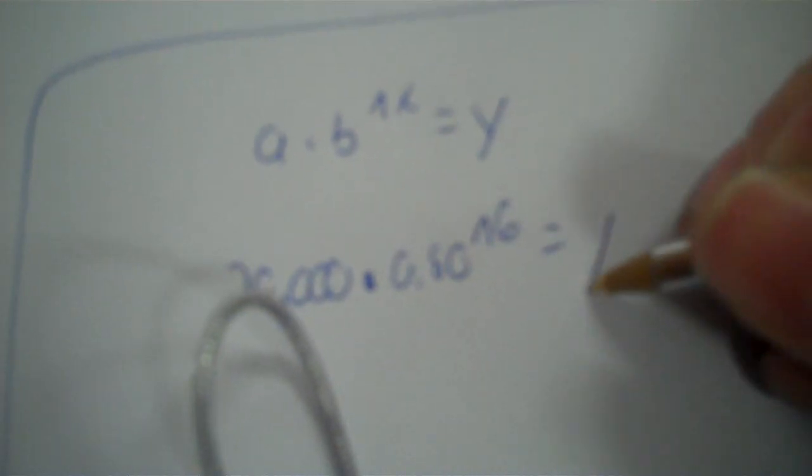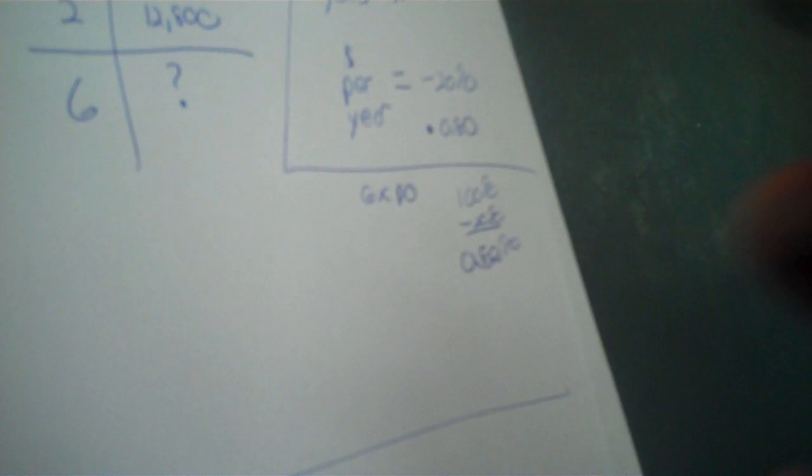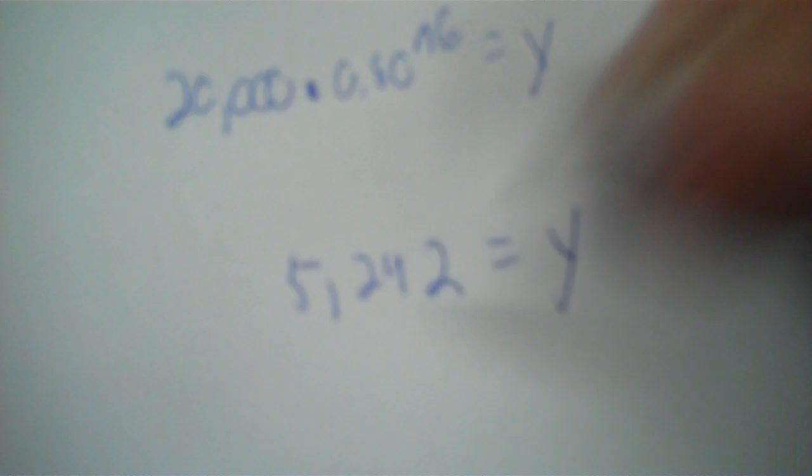Now x we know is 6, equals y. So I just plug that expression in on my calculator. 20,000 times 0.80 caret 6. 5,243, if you put .42 on it, or you could put .88, well, it's money, so if you want to put the 88 cents, that's fine, but I'm not going to dock you.